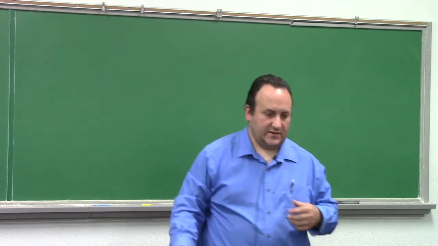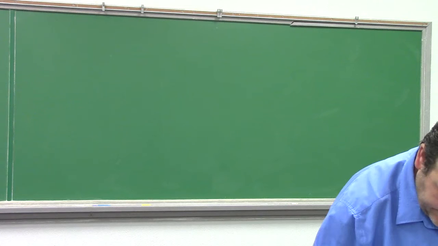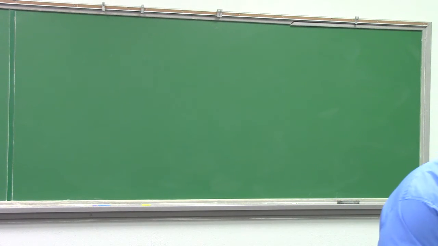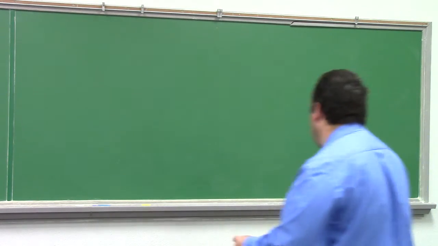So for 117, let's see, what did I say? I think it's almost the same as 116. But it's x squared times sine x this time, and I've added concavity into the mix.